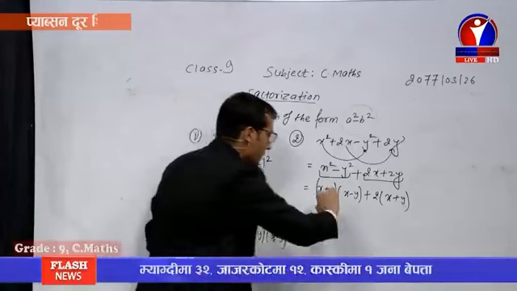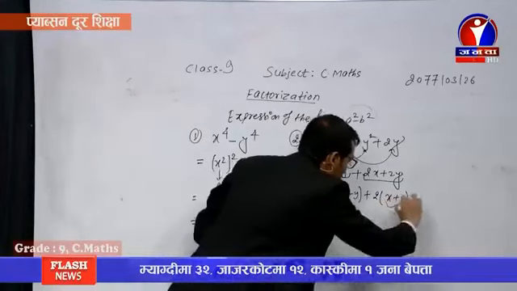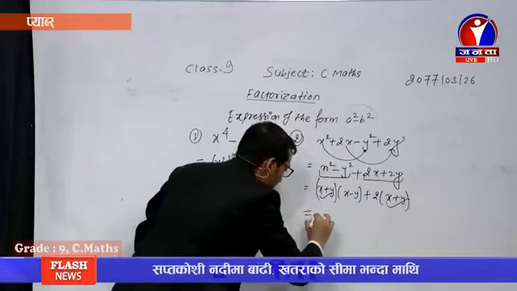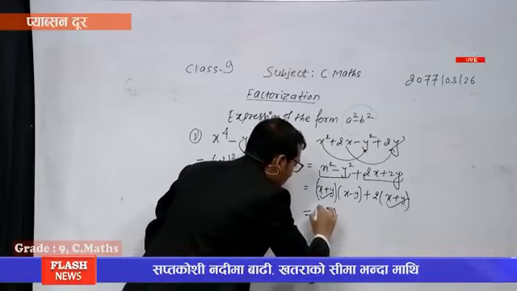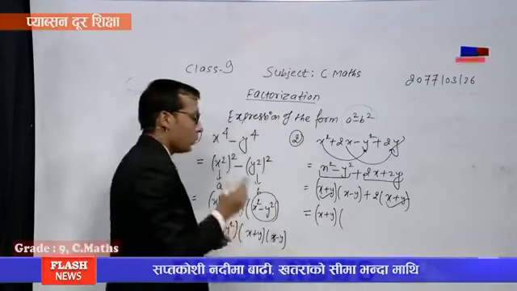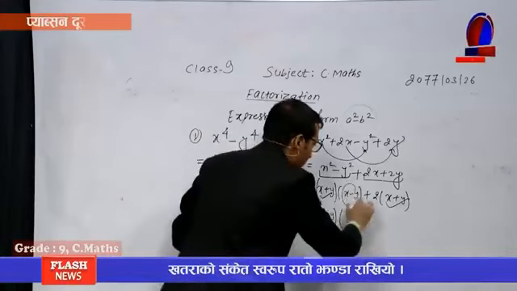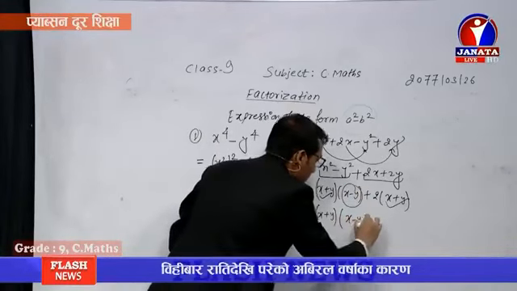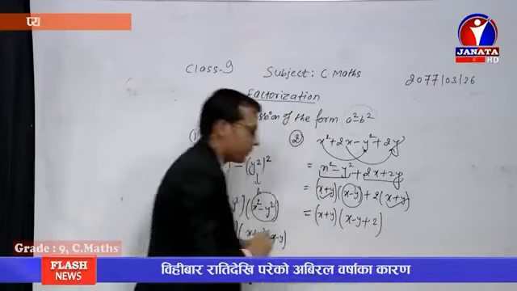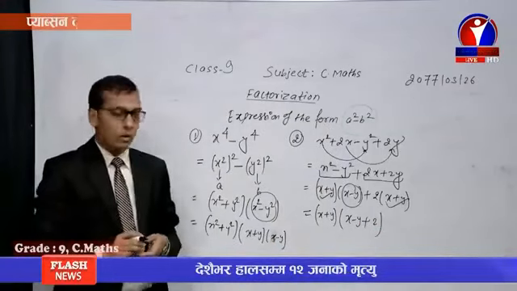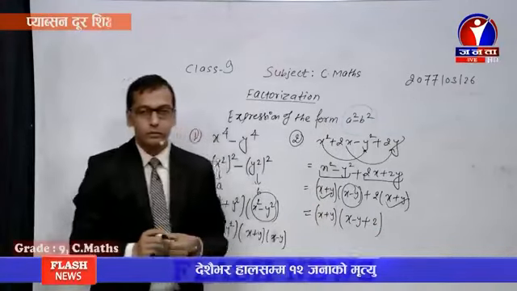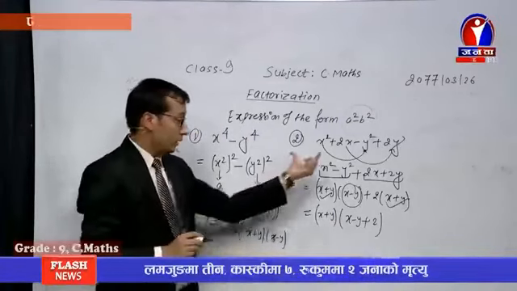The common factor is x plus y. So we can take x plus y common, and what are the terms left in first is x minus y plus in the second term 2 is left. So we factorize this.